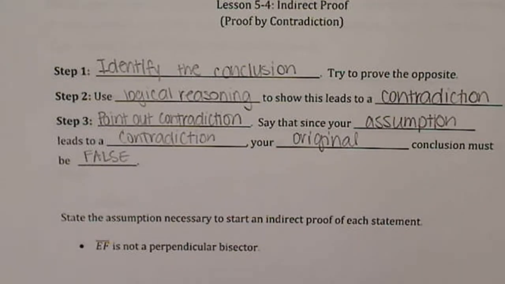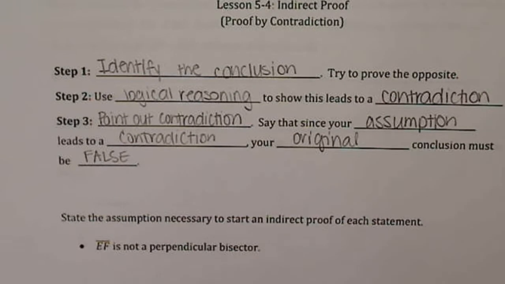Step 2, use logical reasoning. That could be either an equation, it could be a theorem, a proof, a definition, whatever, to show that this is a contradiction. And lastly, we're going to point out that, hey, it's not true.